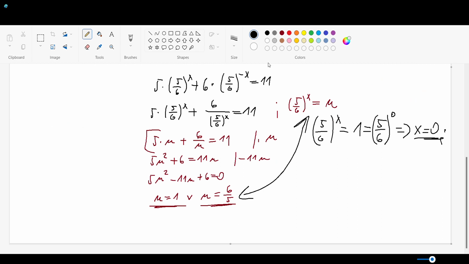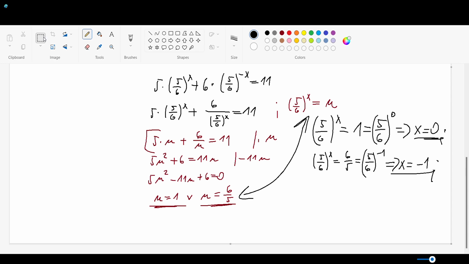Okay, and we are not done, because we have two results for u, and the second result says that (5 over 6) to the power of x must be equal to 6 over 5, but we already know, again by using the same fact as we used here, that 6 over 5 can be written as (5 over 6) to the power of negative 1, which means then that x is equal to negative 1.